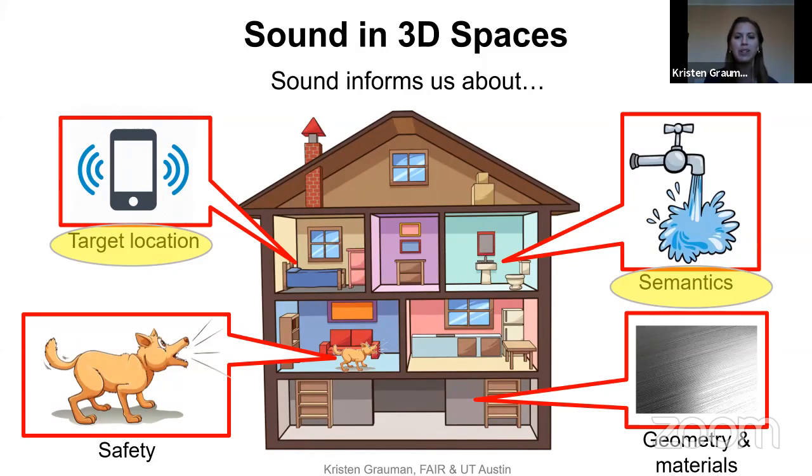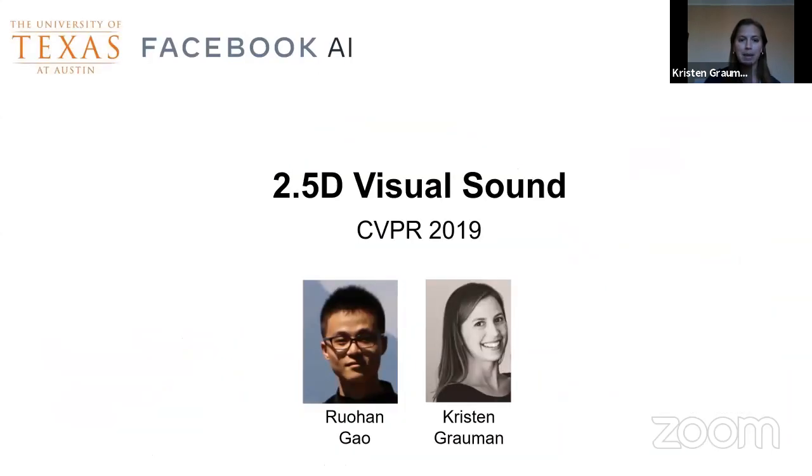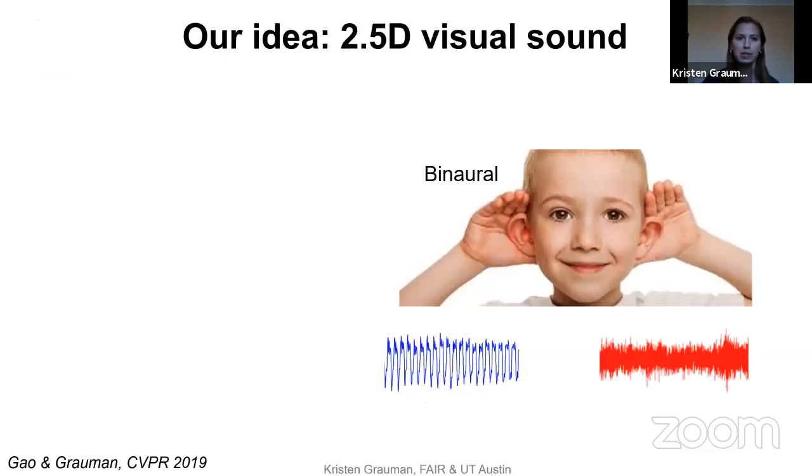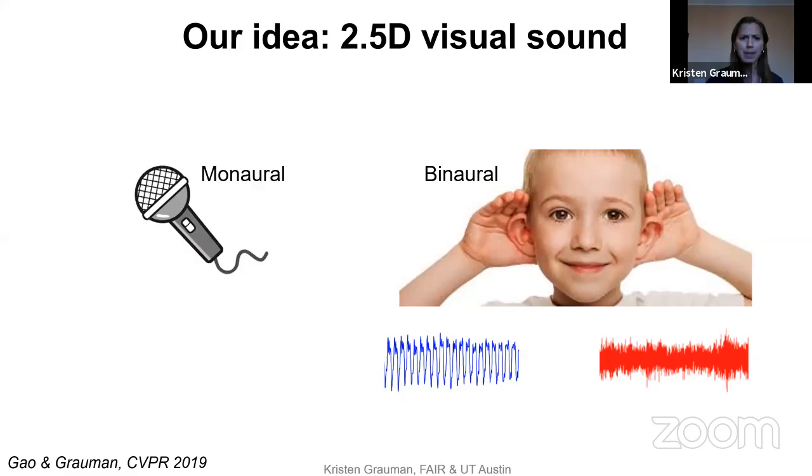And the next example I'm going to very briefly touch on will move towards semantics and localization of objects, and this time in video. So here this is work that we presented recently called 2.5D visual sound. The idea is that, as I said in the beginning, we humans are receiving spatial sound because we have two ears, and we get a waveform for each that will then allow us to spatially sense the environment.